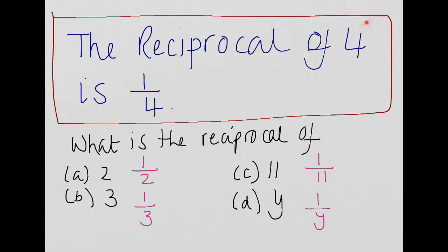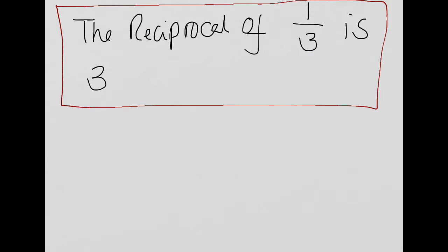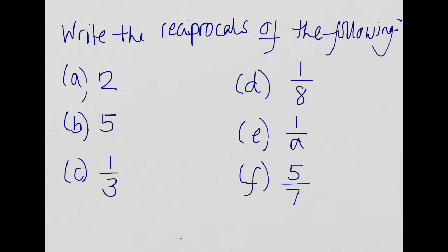Here, the reciprocal of 1/3 is 3, and the reciprocal of 3 is 1/3. So these two are reciprocals of each other. They make a pair. This is the reciprocal of that. That is the reciprocal of this. So let's remember that and have a go at these.